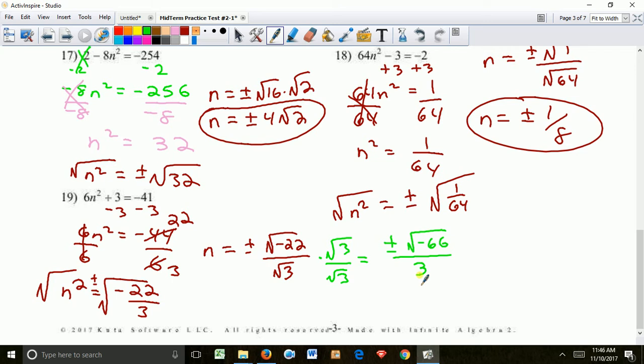Remember, your radicals have to be in simplest form, so when you take the square root of a negative number, you've got to simplify it further. Using the product property of square roots, you get plus or minus the square root of negative 1 times the square root of 66 divided by 3. I don't know why I put 33 there. Let me erase that.